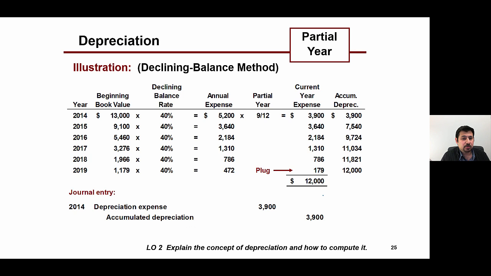Similar to straight line, because it is time dependent, the declining balance method might also have partial years.